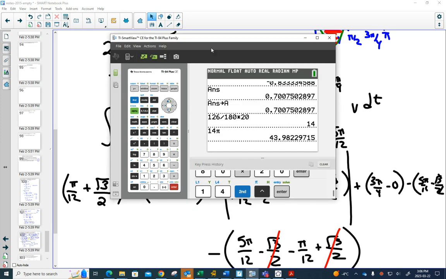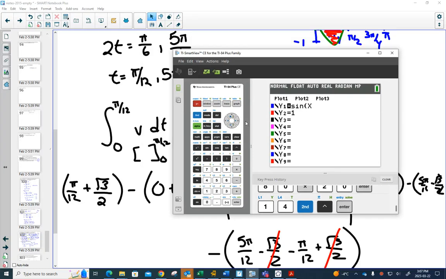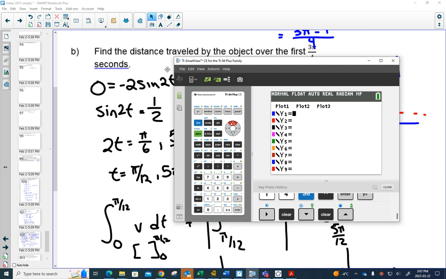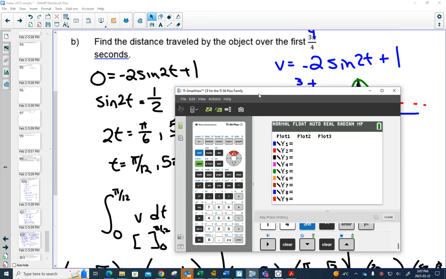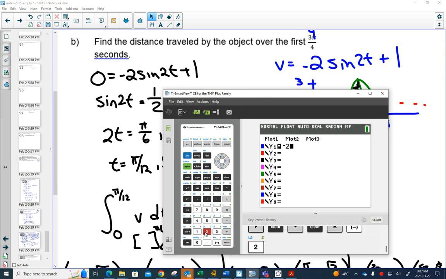We can type in our velocity equation, which is negative 2 sine 2t plus 1.